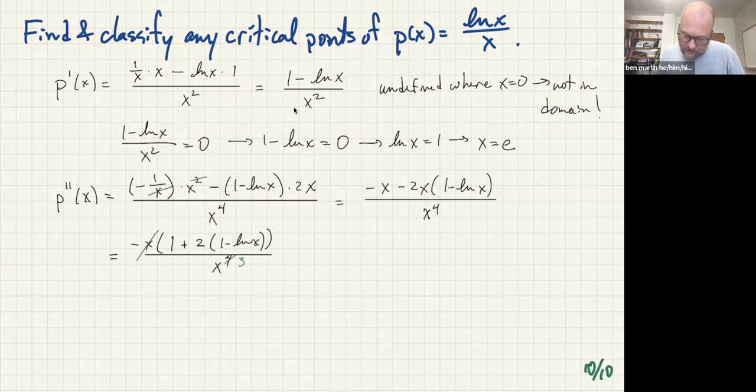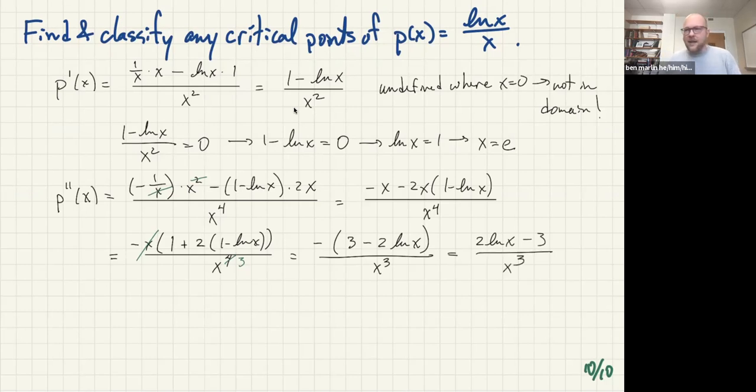And let's collect things together. So we'll have minus 3 minus 2 ln x all over x cubed. And I'm going to distribute the minus because that I think looks a little bit better.